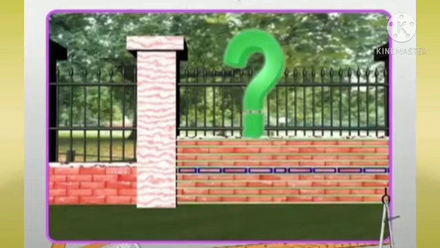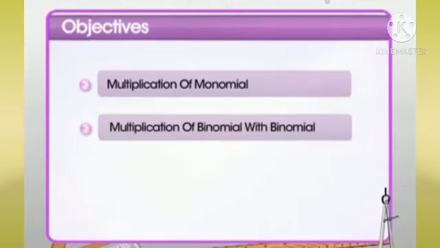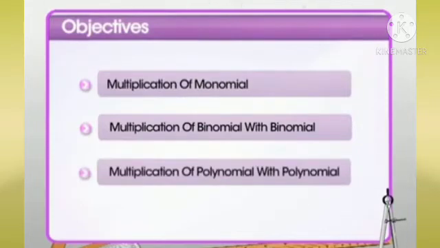Let's find all about it in this module on multiplication of polynomials, where we study how to multiply a monomial with another monomial and with another polynomial. Then see to multiply two binomials and then proceed to multiply a polynomial with another polynomial.